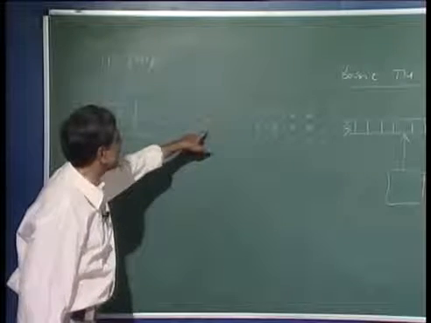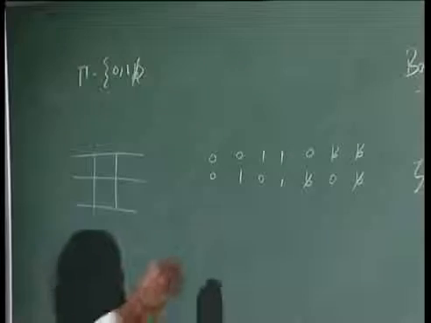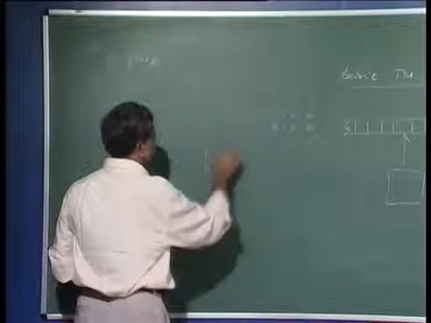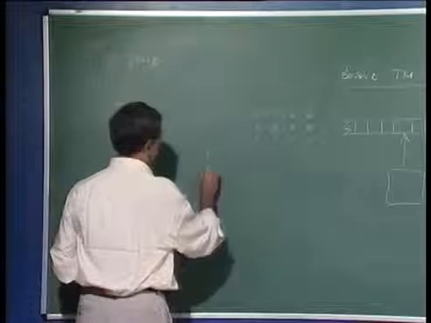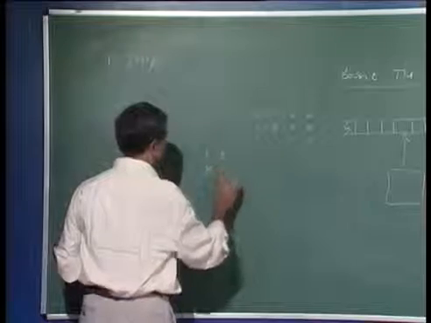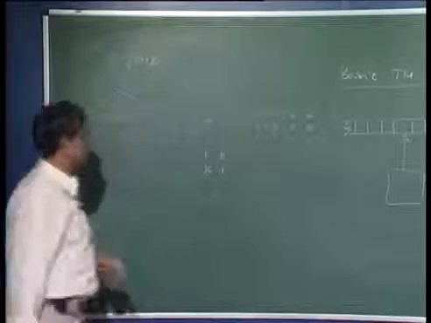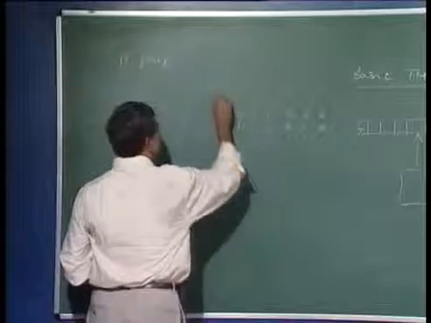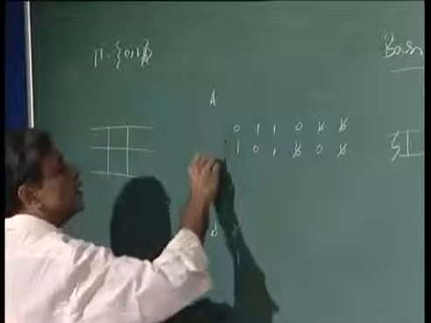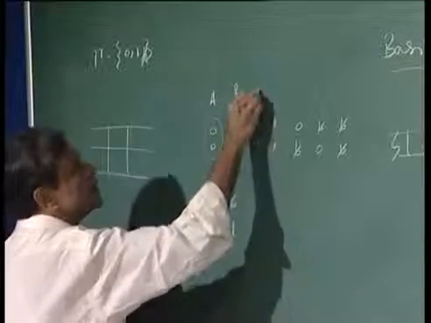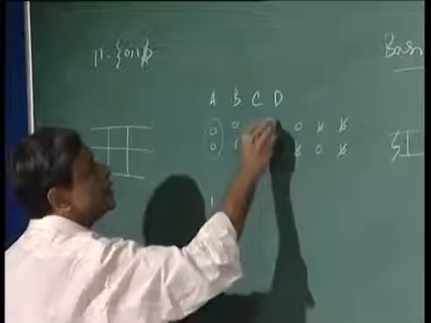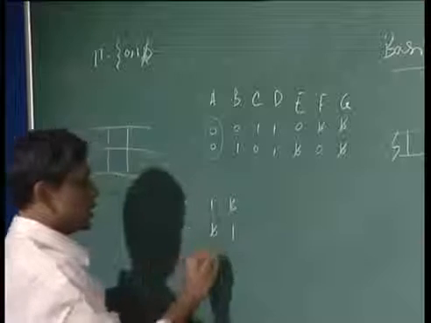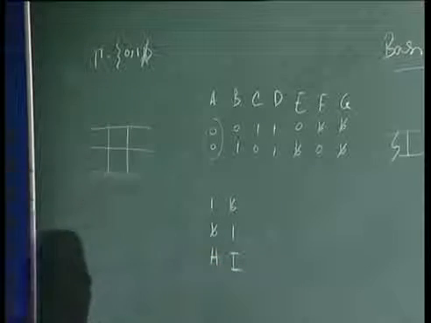Similarly you would have 1 blank and blank 1, while 1 1 is already there. So suppose you code these as A, B, C, D, E, F, G, H, and I.